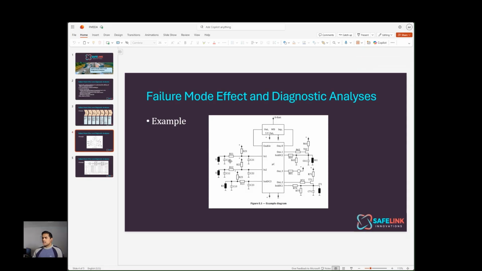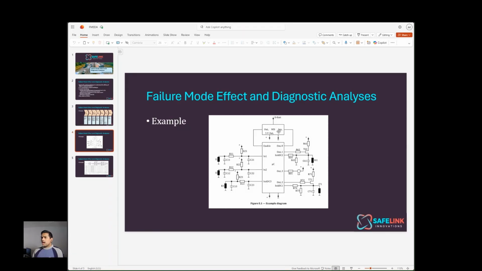This is a circuit that shows a microcontroller which consists of a couple of inputs, probably from some kind of sensing element, and then there's a few outputs. There's a power supply, there's a watchdog over here, and it's all powered by a battery.